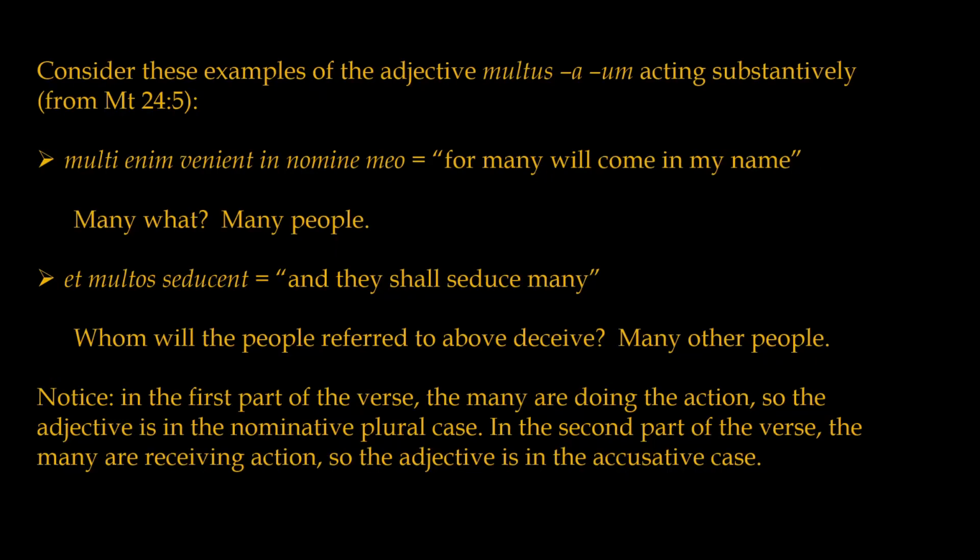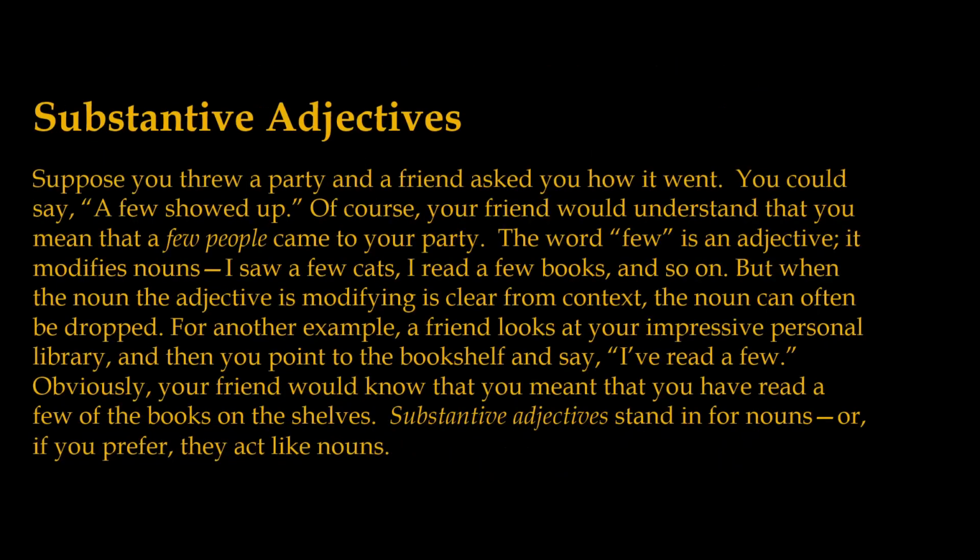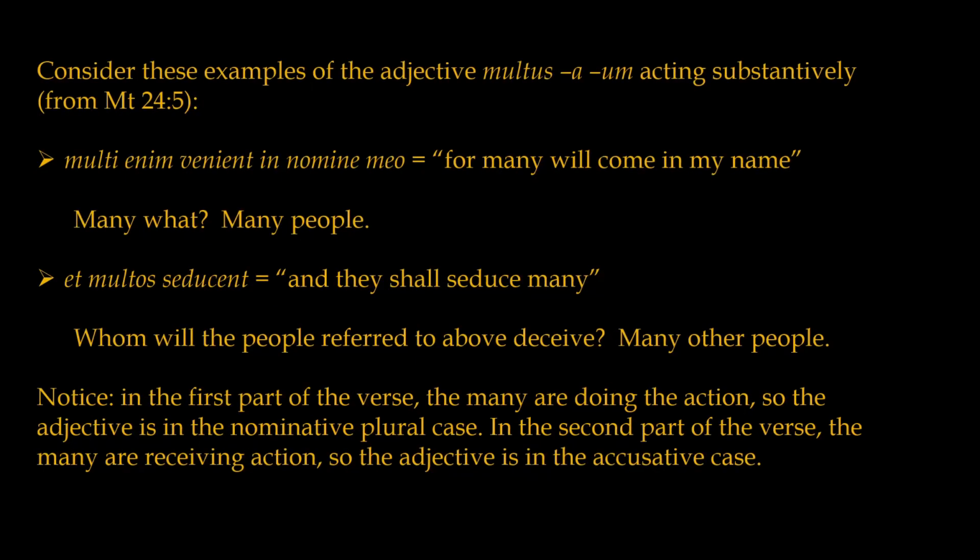Many will come in my name. Well, we don't have the specific word for people there, it'd be populus, right? But it's understood from the context that many people will come in my name. So multi from multus is the substantive adjective, okay? Et multos seducent, and they shall seduce many, right? Well, whom will the people referred to above deceive?